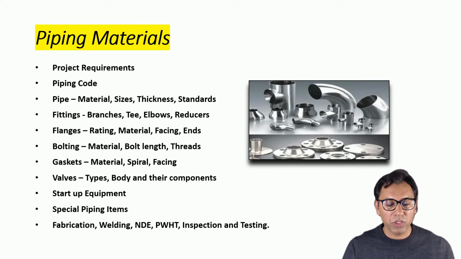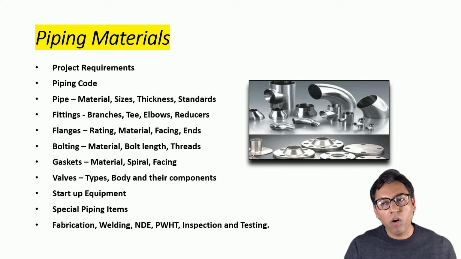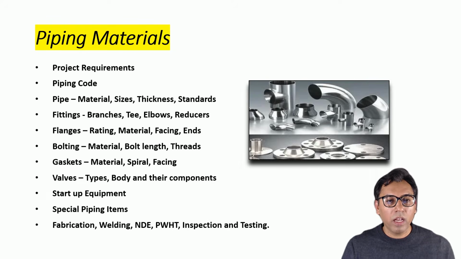Also, we need to make sure the selected material meets the governing piping code, because every code has its own approved materials. It's hard to cover full piping material details in the next few slides, but I will try to cover the main highlights.